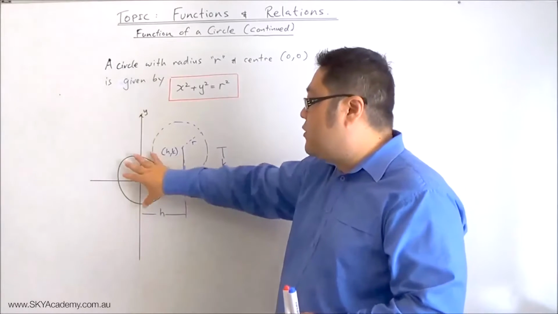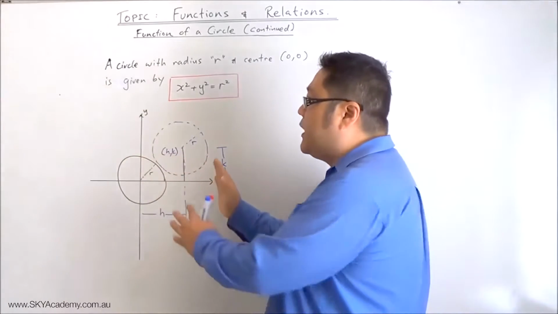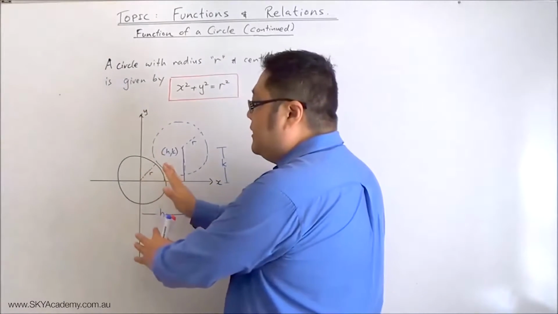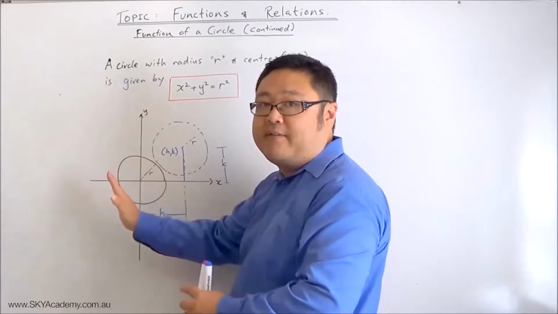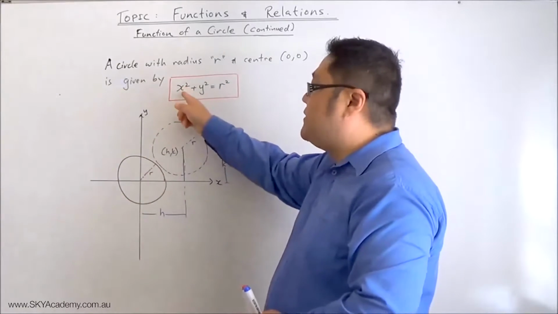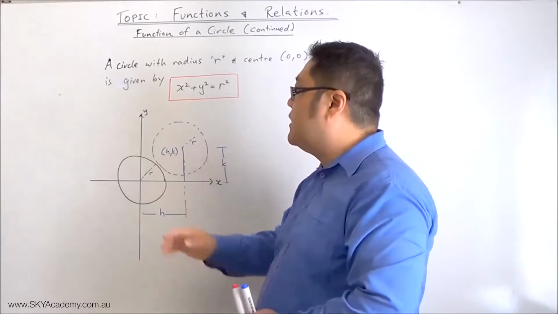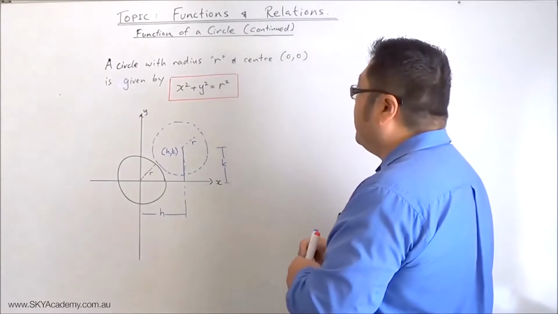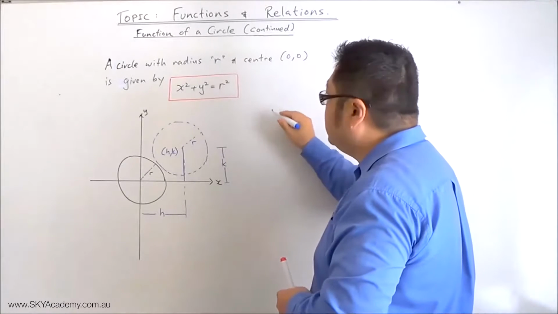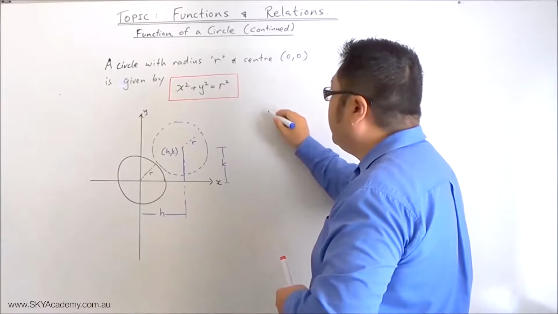instead of moving the circle h units to the right, we're going to move the number plane h units to the left. So in other words, the x value will have to shift to the left, and we do that by minusing h from x.